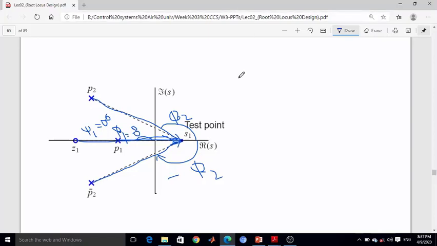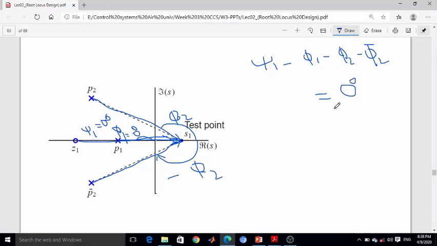So the net result will be psi 1 minus phi 1 minus phi 2 minus phi 2 bar. If we see, this results in 0 degrees.